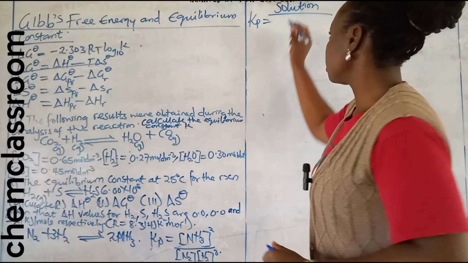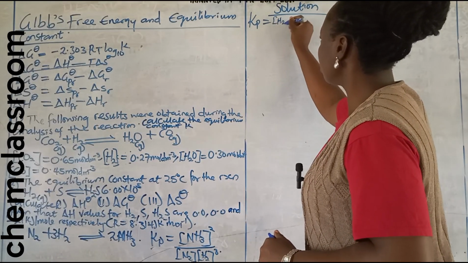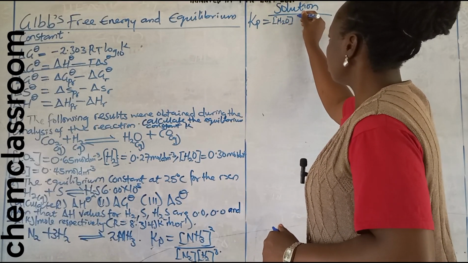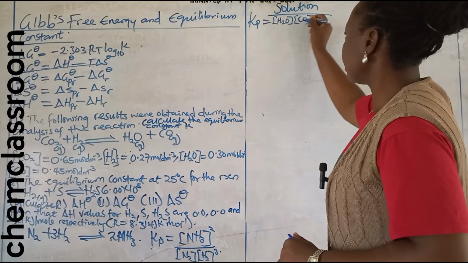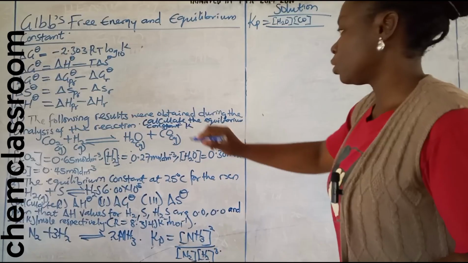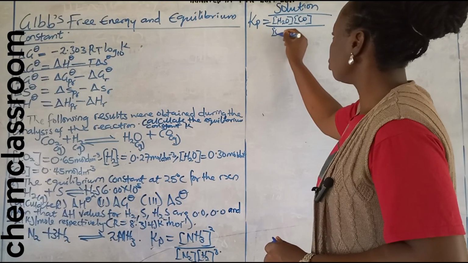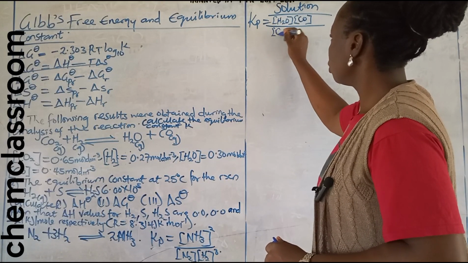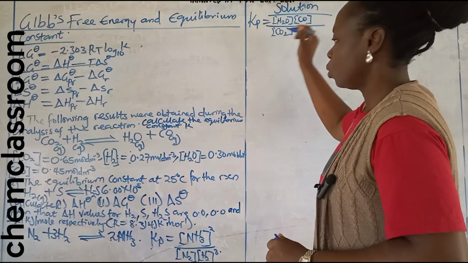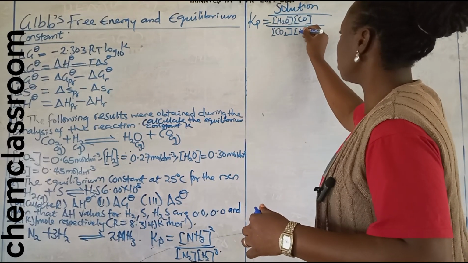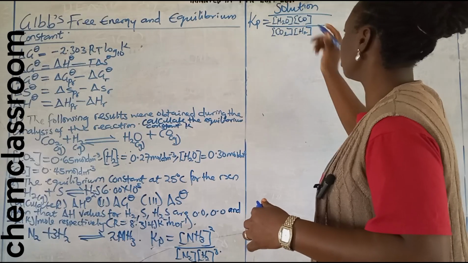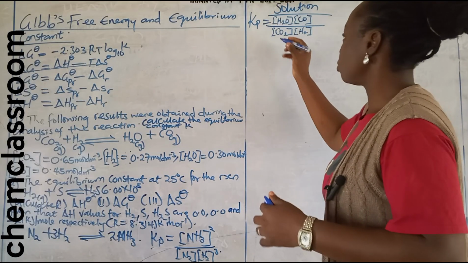Okay, so the product, I have the H2O multiplication, please. Okay, divided by what? The CO2. There is no coefficient, so we are not going to do raised to power of anything. Then the what? H2.